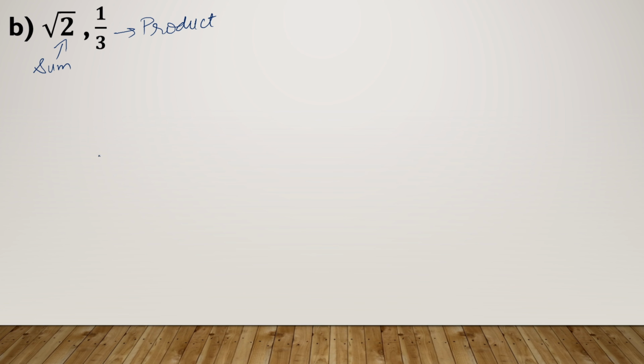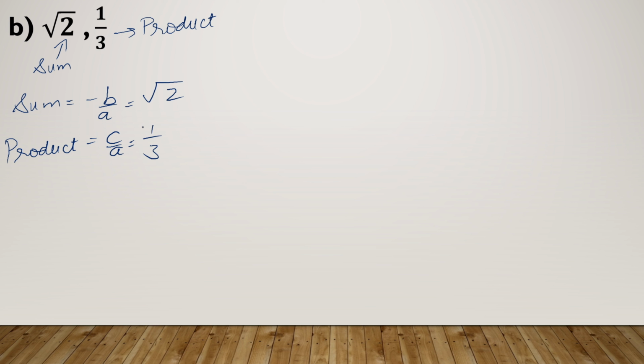So in the very similar manner you can do the remaining parts, 3rd, 4th, 5th, 6th, and let's do this quickly. So let's do it according to the book first. So sum is given to you as minus b by a, and that is root 2, and the product was c by a, and that's equal to 1 by 3.